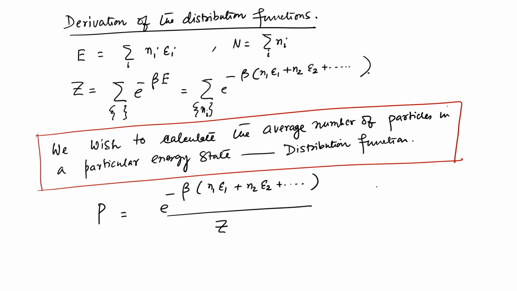We have written this earlier, this is the Boltzmann distribution. An important thing to notice is that even though the Boltzmann distribution as we have developed it belongs to classical physics, this distribution at a given temperature T is equally applicable to classical and quantum statistics.